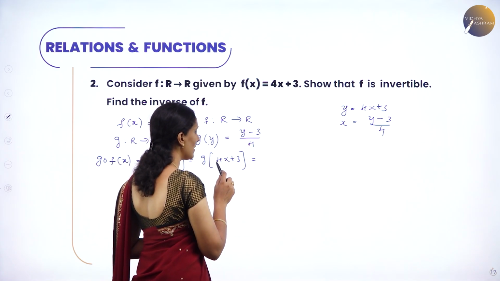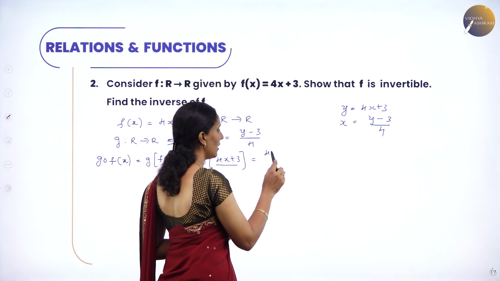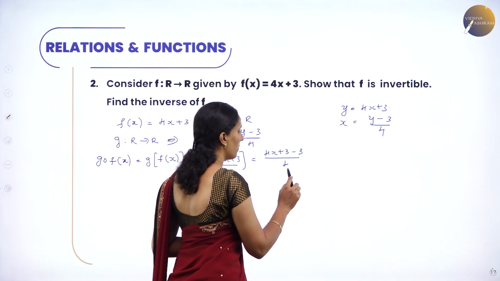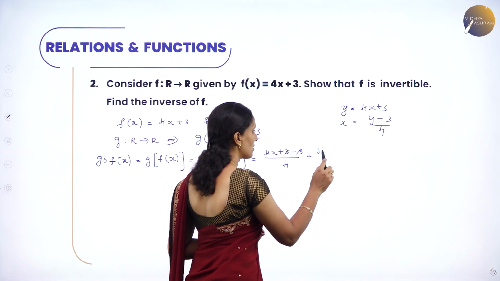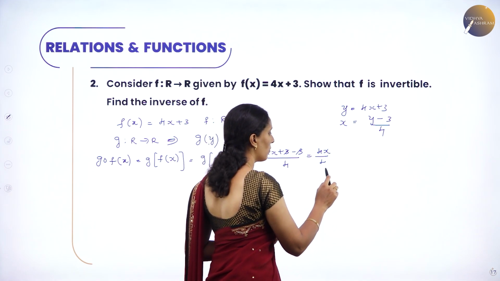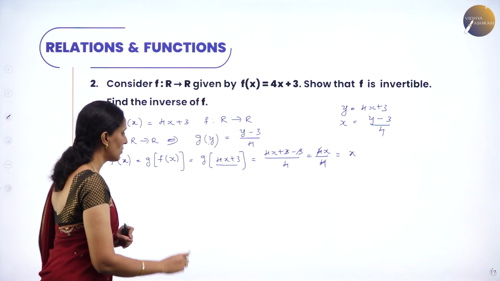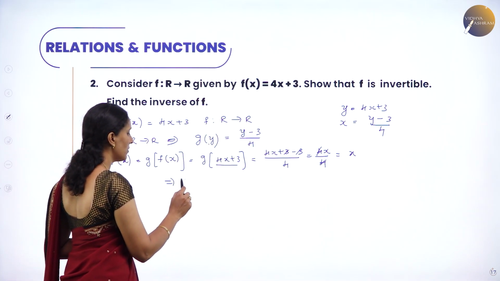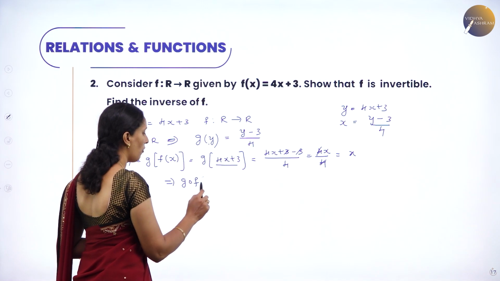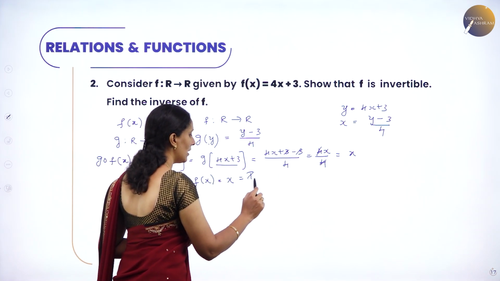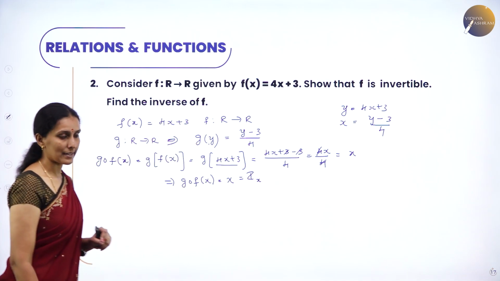So in the place of y we have 4x plus 3. So we have 4x plus 3 minus 3 by 4. The 3 cancels. We have 4x by 4. The 4 cancels. We got x. So clearly we have g naught f of x is equal to x, which is an identity function under x.